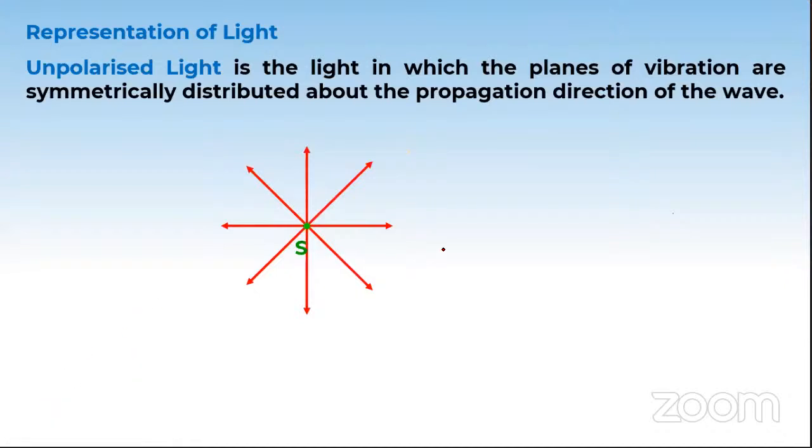Sun, candle, light bulb, all of the sources from which we get light are unpolarized. The sun gives out electric field oscillation in all directions, candle light also, and a bulb also. This is how we represent unpolarized light: this is E1, this is E2, this is E3, this is E4. There are many electric field oscillations in many axes.